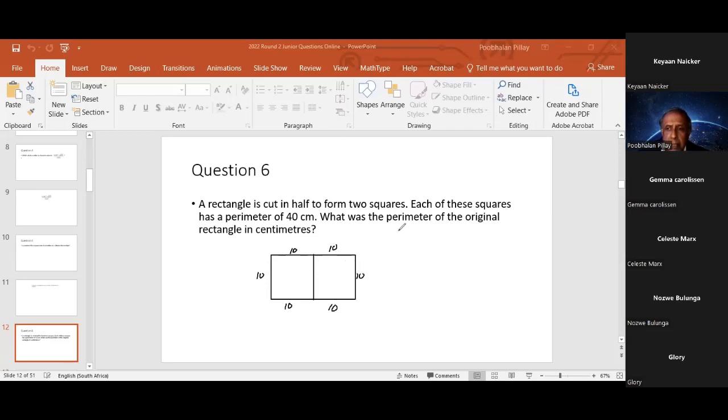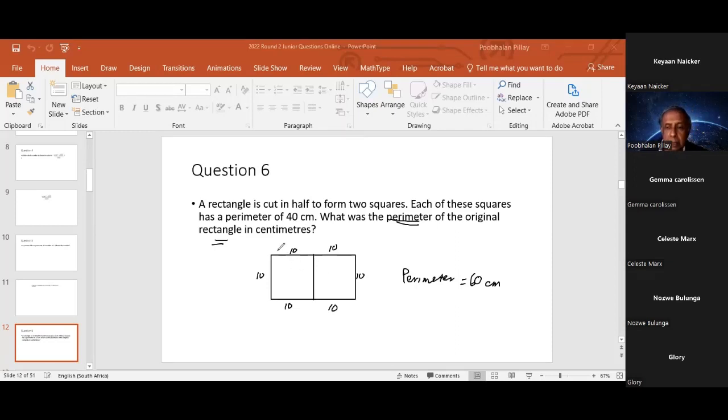So the question is, what is the perimeter of the original rectangle? So you need to work out what the boundary length is. And it's clear, you can simply add up all these 6 tens and you'll get 60. The units are given in centimeters.